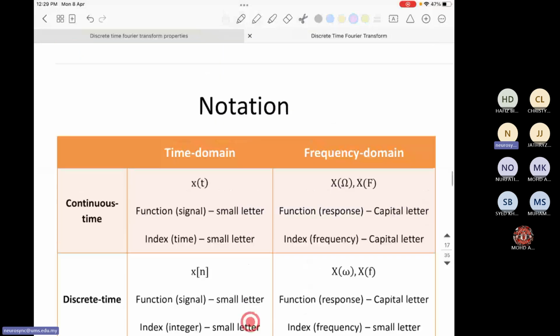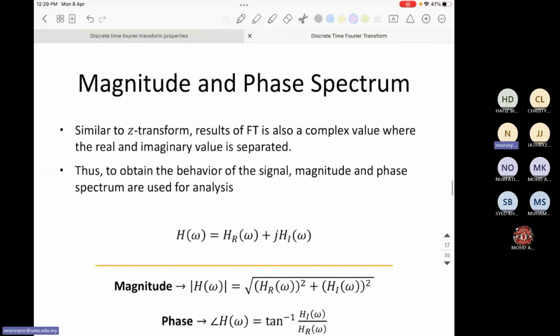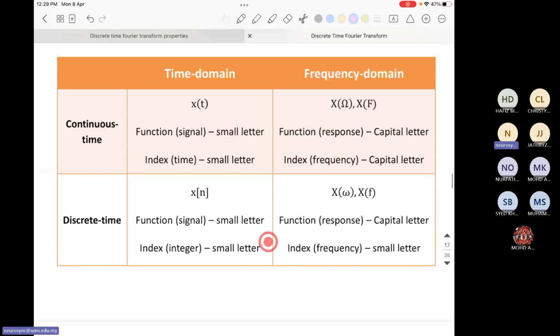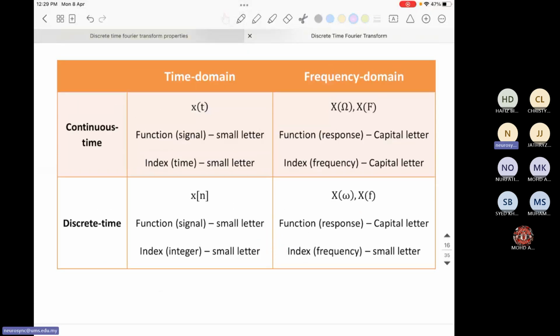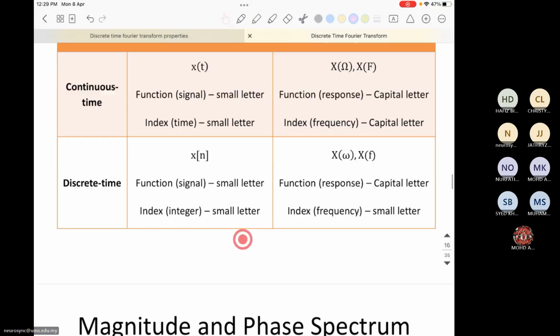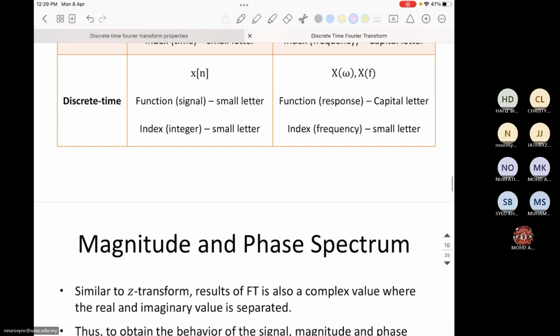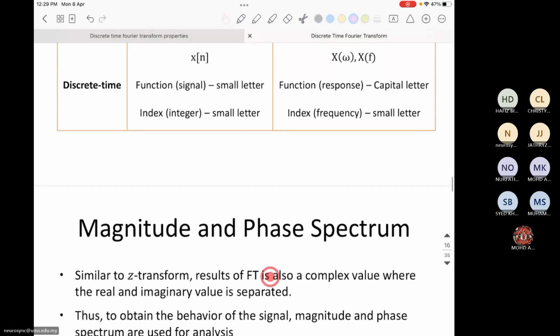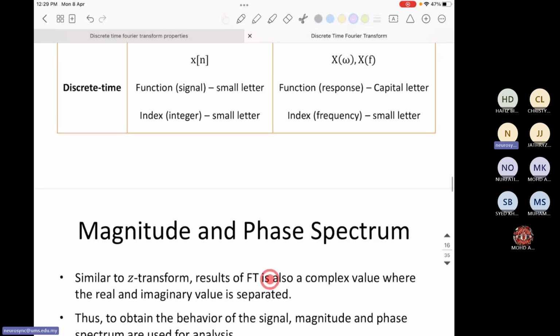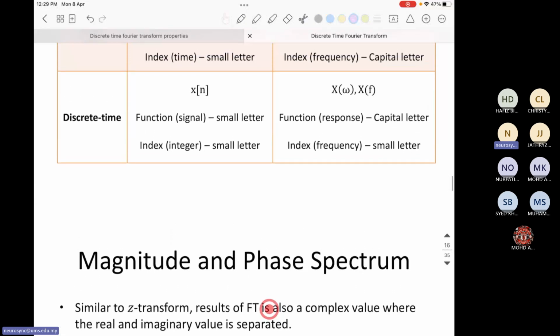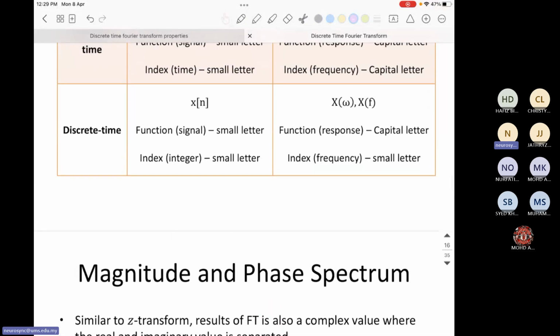Okay. So notations are very important. Keep this in mind for continuous time, discrete time, time domain, frequency domain. Basically, using the Fourier transform, we get the frequency domain value of the time domain signal.